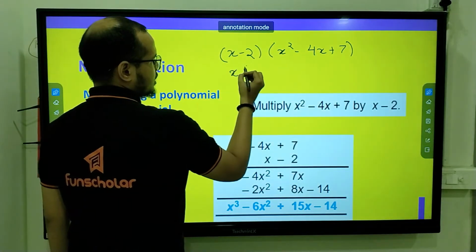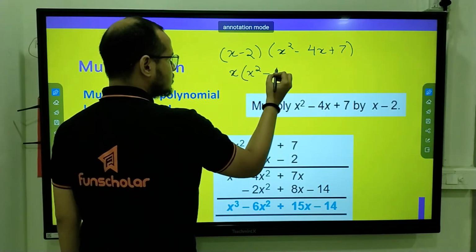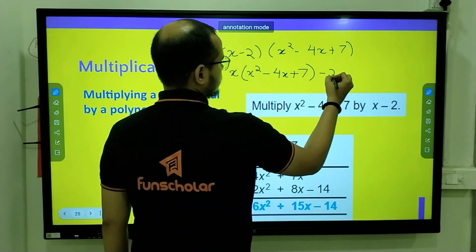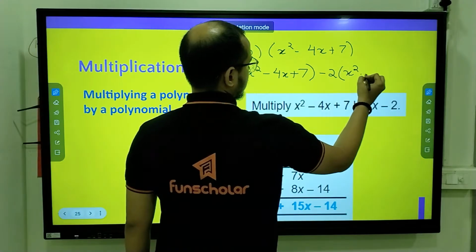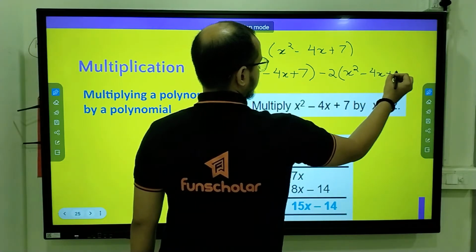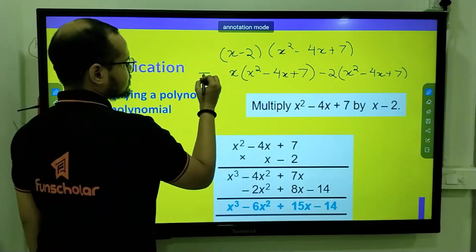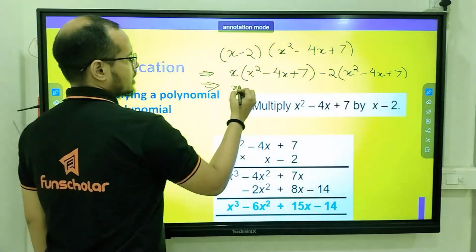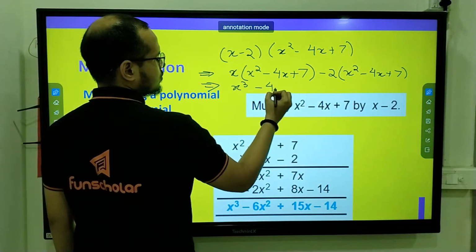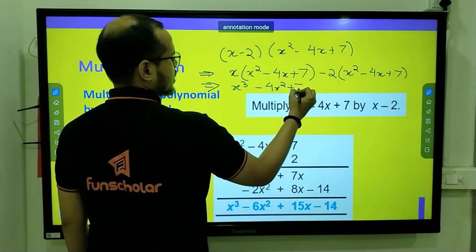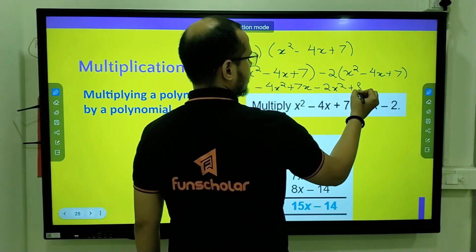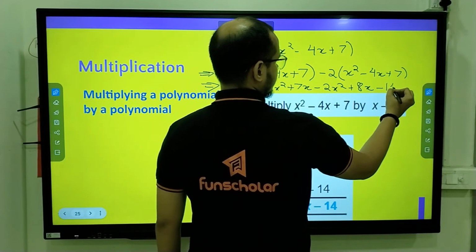Using the distributive property: x into x square minus 4x plus 7, minus 2 into x square minus 4x plus 7. This comes to x cube minus 4x square plus 7x minus 2x square plus 8x minus 14.